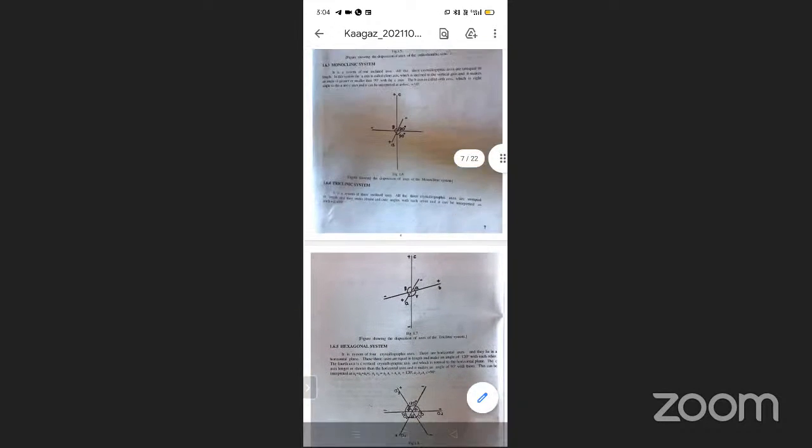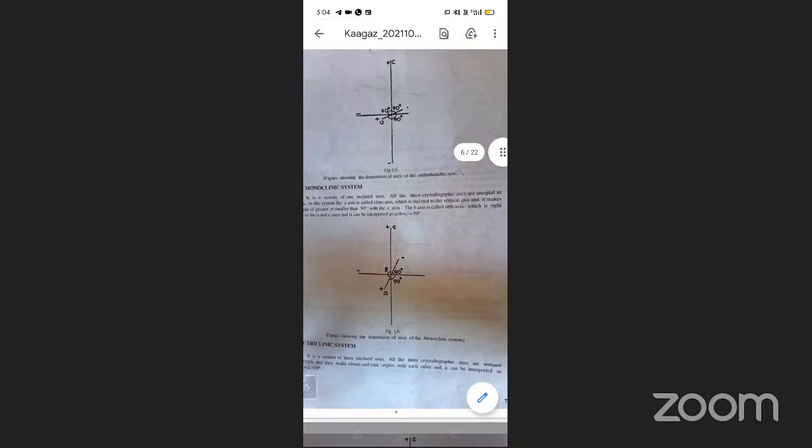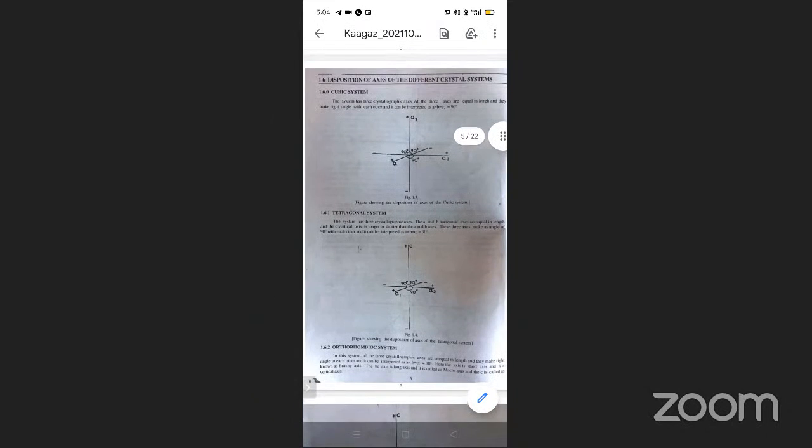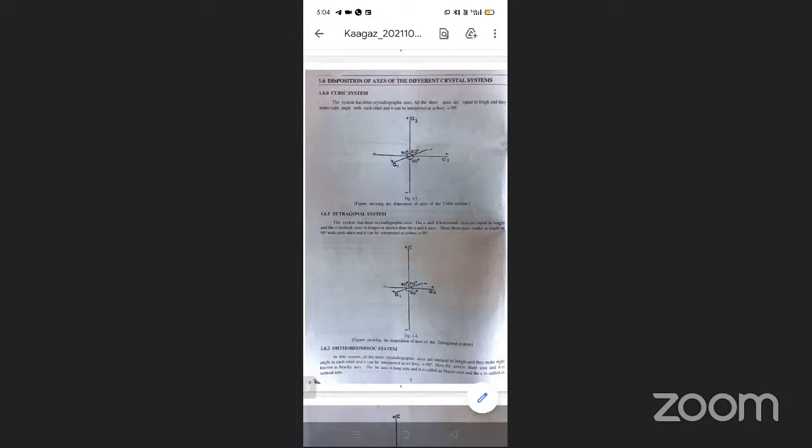Yeah, actually, we discussed yesterday the different types of crystal systems as per angle, how the axes travel through the center point. Once again, we get a recapitulation of these things.